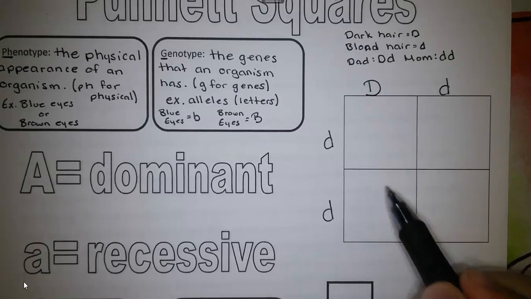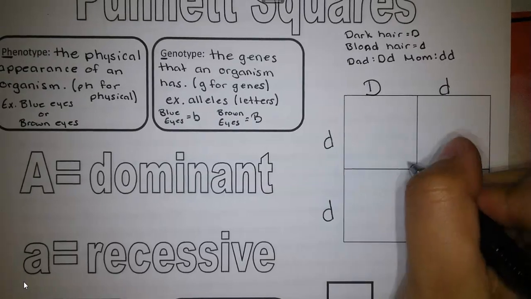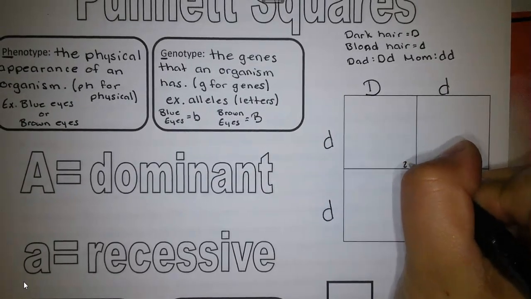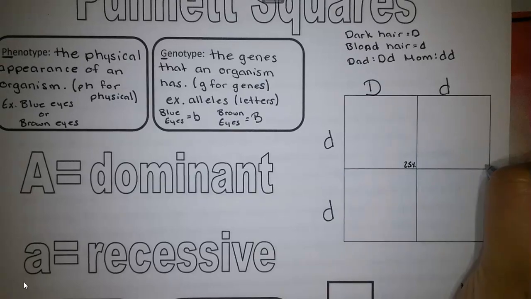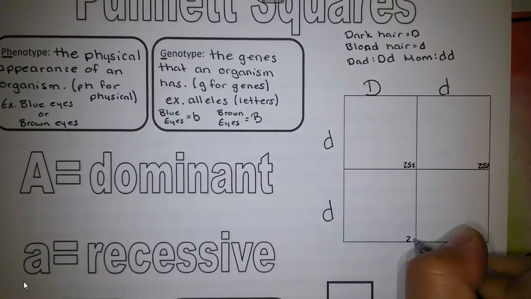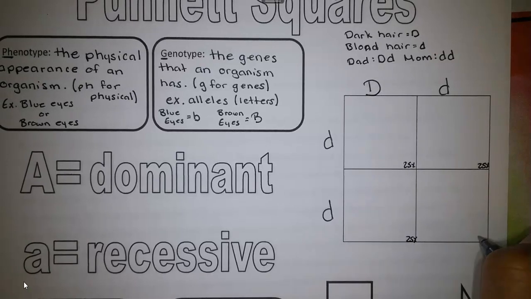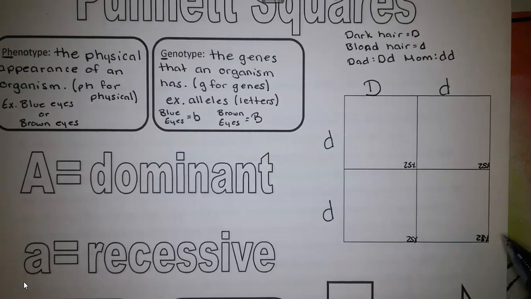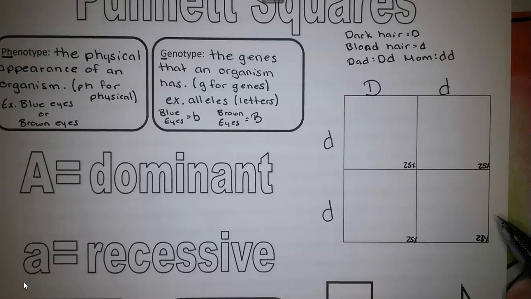Now here we have a 25%, so this box is worth 25%, this one's worth 25%, this one's worth 25%, and this one's worth 25%. Okay, we have 4 boxes of 25, which are going to give us 100%.